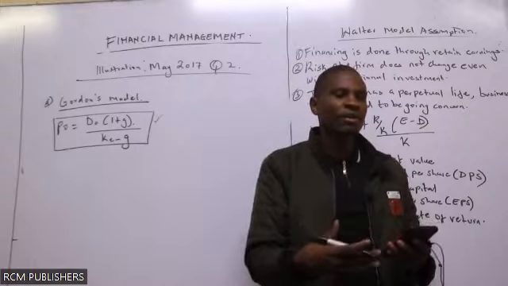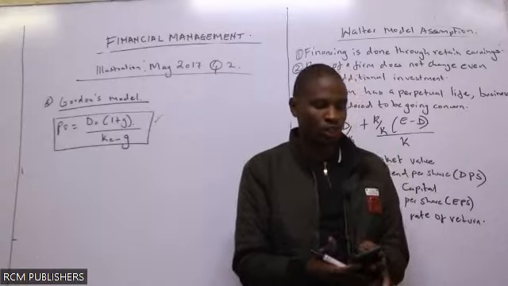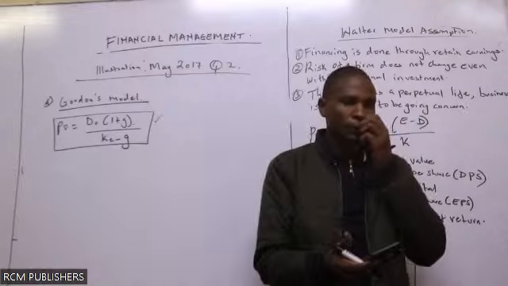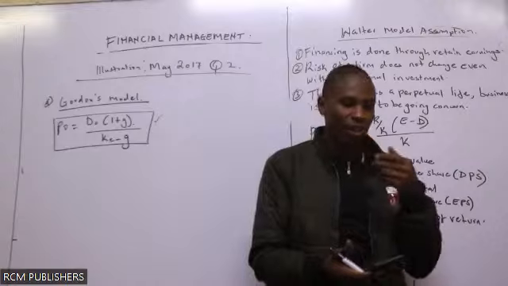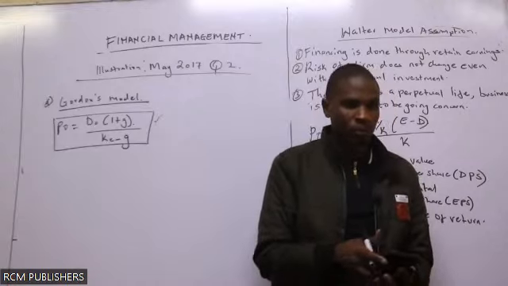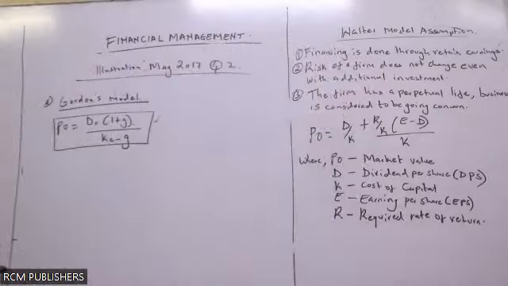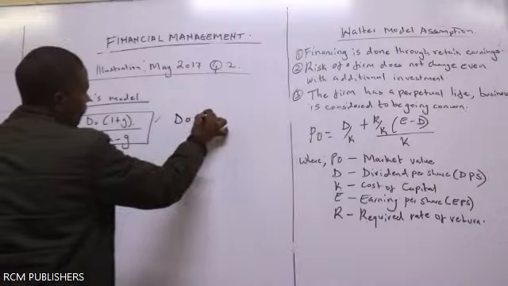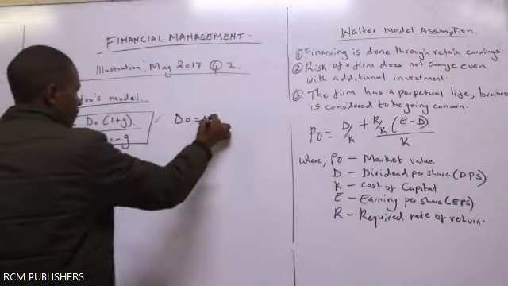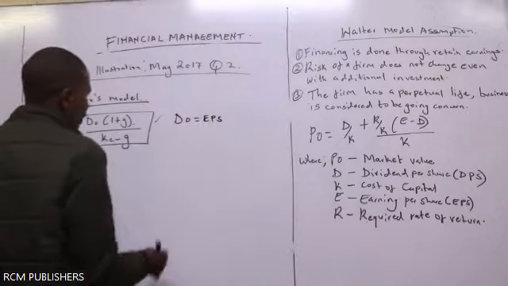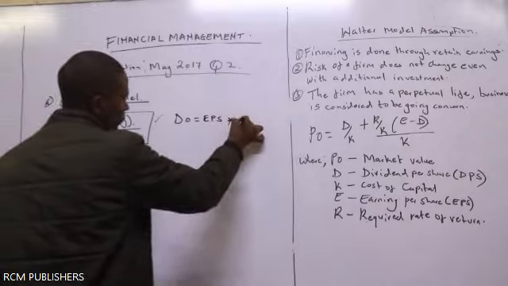Now, do I have the payout ratio? I need D0. I have been given EPS, and D0 is given by earning per share times the payout ratio.